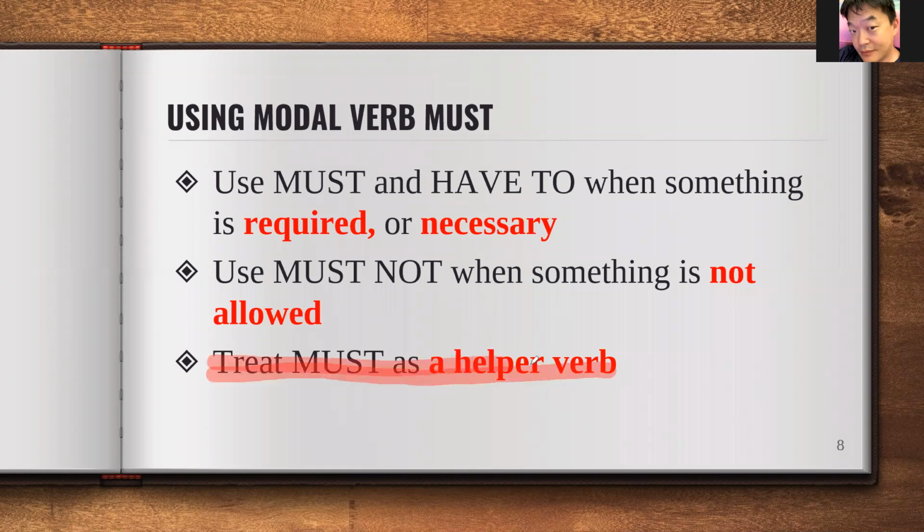So you don't need do or does when you have must. Okay? So that's why you say you must not park here. See, there is no do or does. Okay? This is very important.